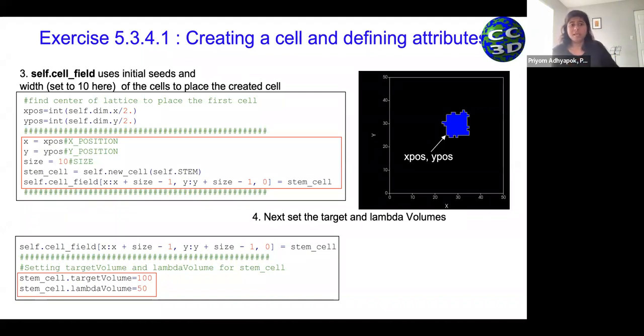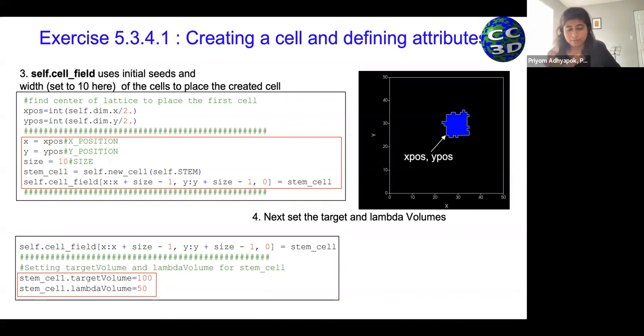And in this case, let my cells have a size of 10. So I'm going to put cells with a size of 10. And then I'm going to create a stem cell.